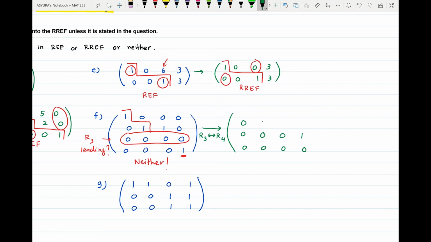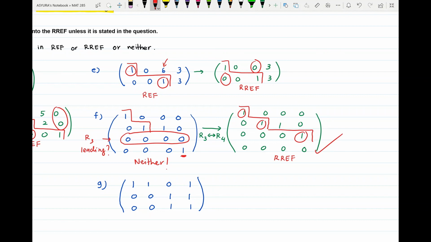So 0 1 1 0 1 0 0 0. Let's check. We have the form of a ladder, and every row has its own leading 1 except the zero rows. So this one we call RREF. Check.